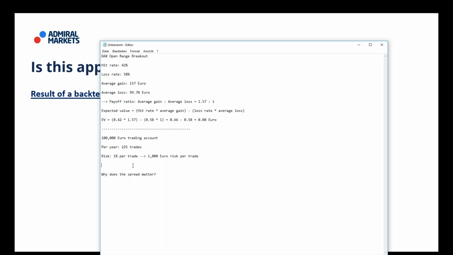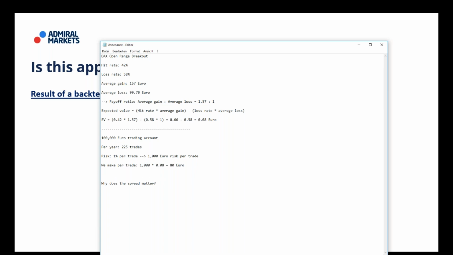Now the expected value means that we make per trade 1,000 euros multiplied with 0.08, so we make per trade 80 euro.